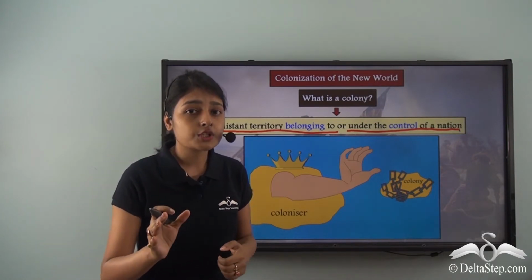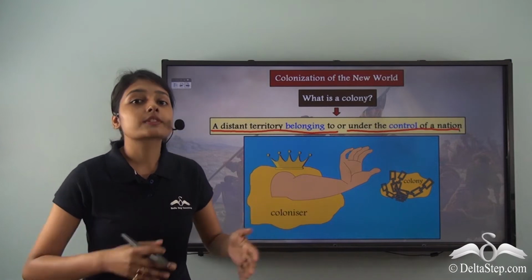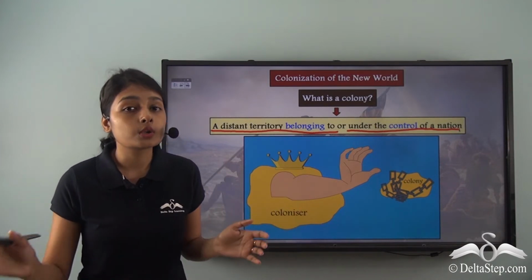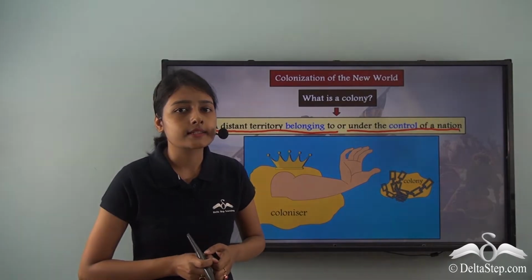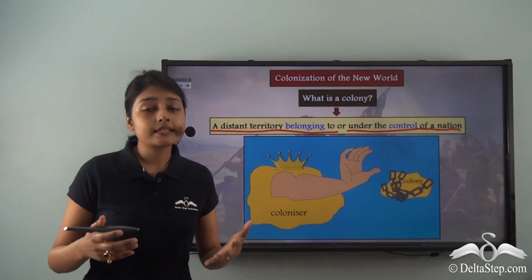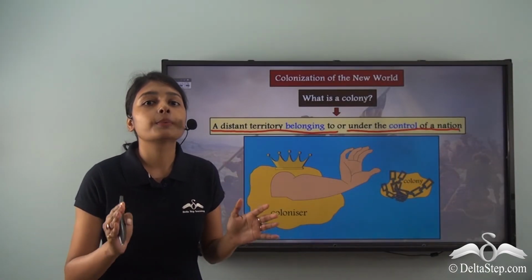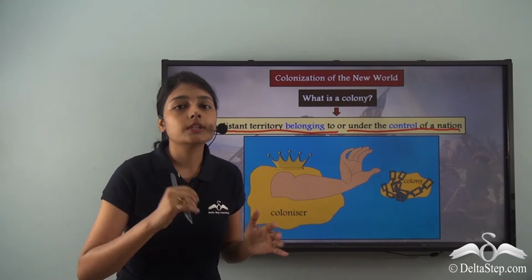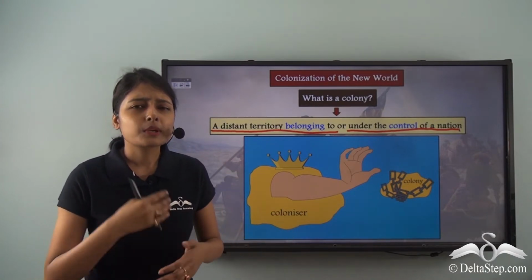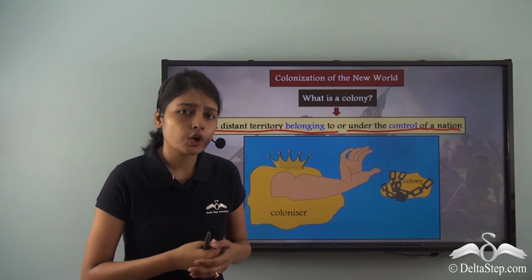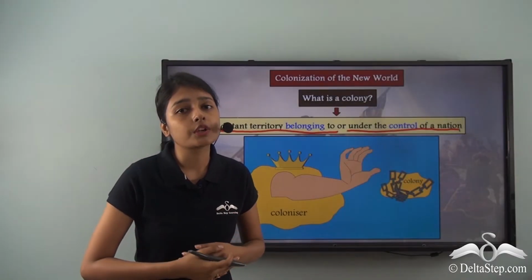The age of explorations, as we talked about previously, was followed by a rapid race of colonization of the newly discovered lands. Colonies were primarily set up by the powerful European nations on the newly discovered lands. But what was the reason behind the setting up of colonies? This cannot be without a reason.